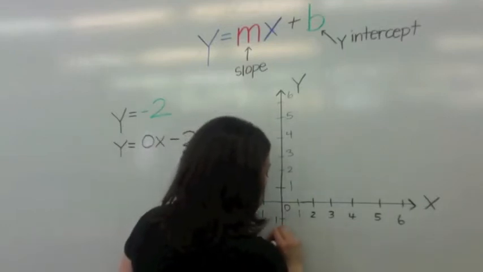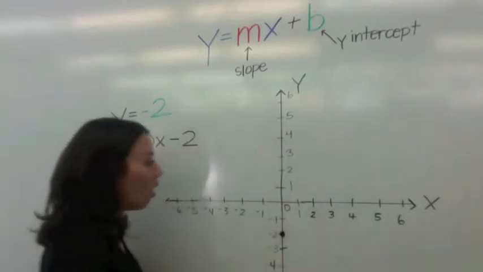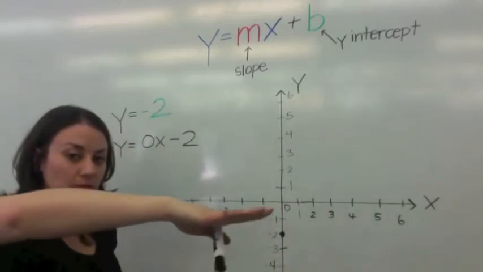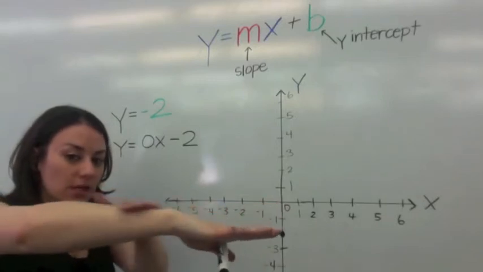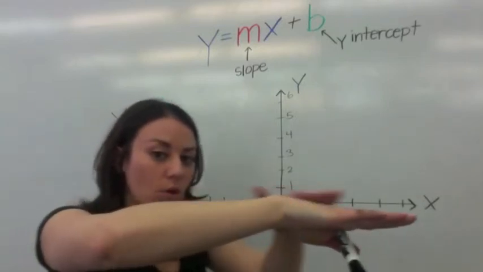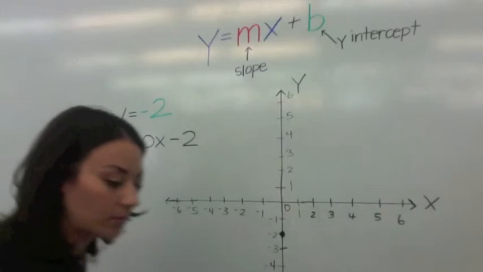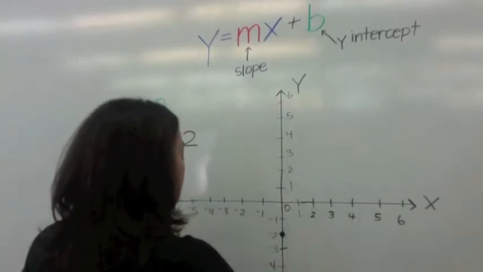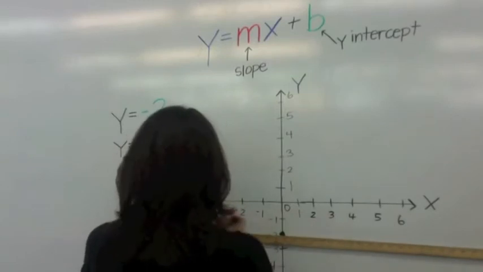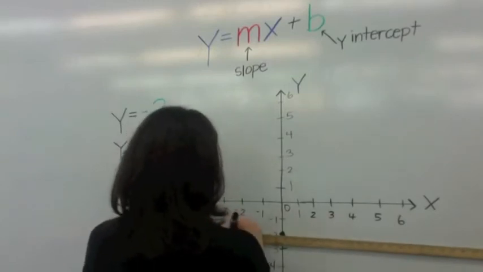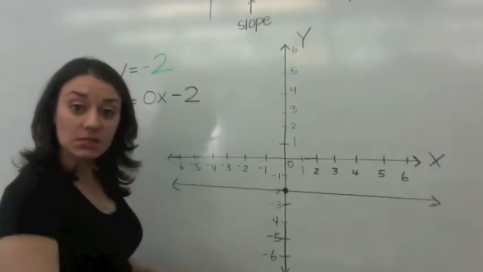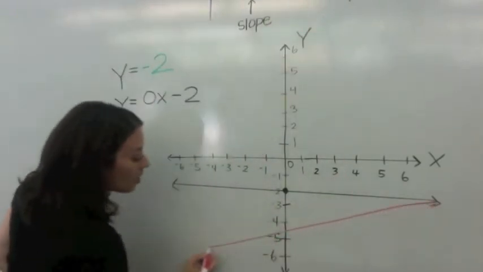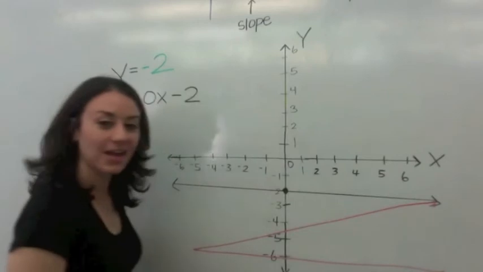I'm going to ask you again, what kind of line is this? Y equals is horizontal. So you can go ahead and make a horizontal line through y equals negative 2. So what kind of slope is this? Aha, Zorro! It is 0 slope, that's right.